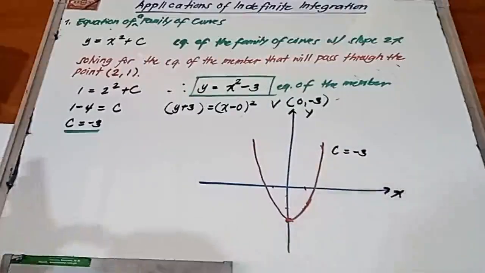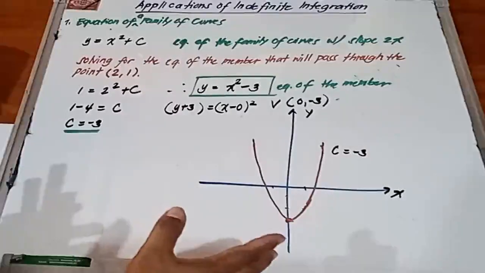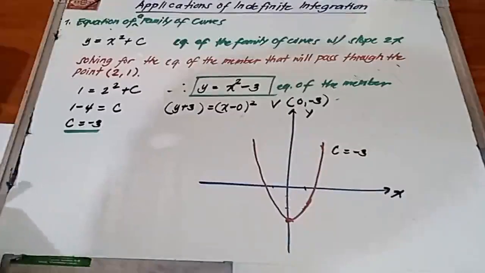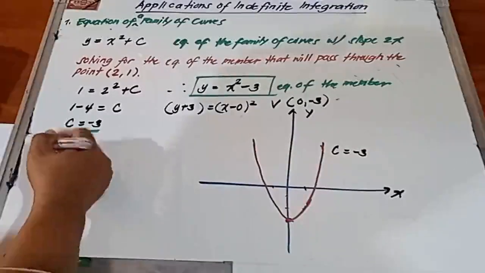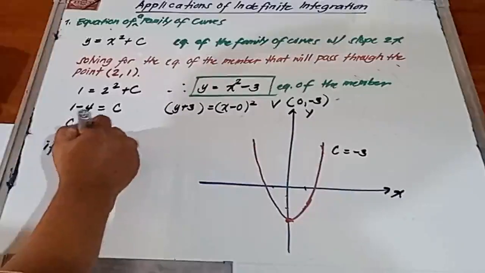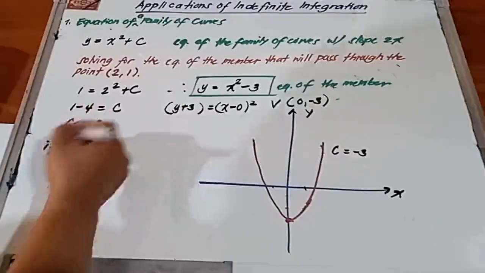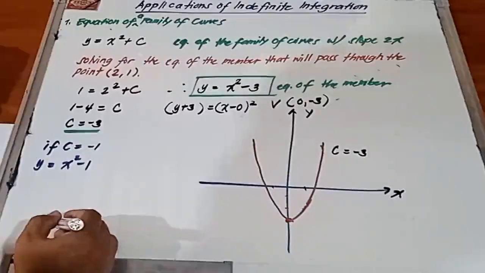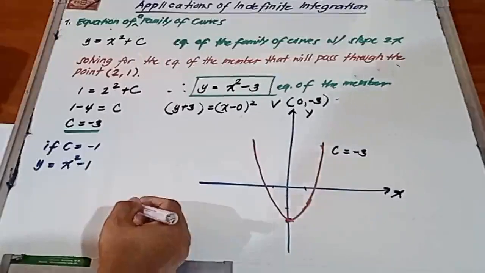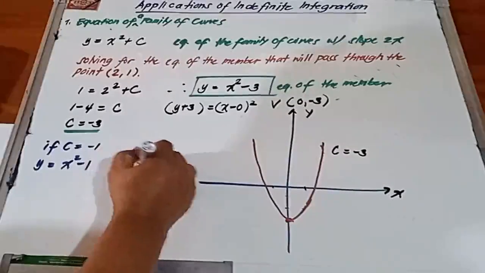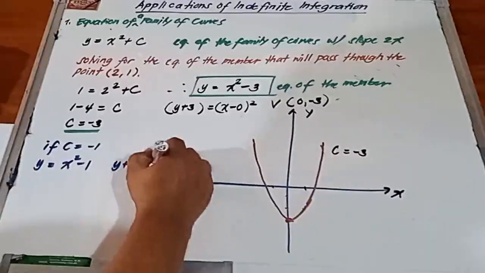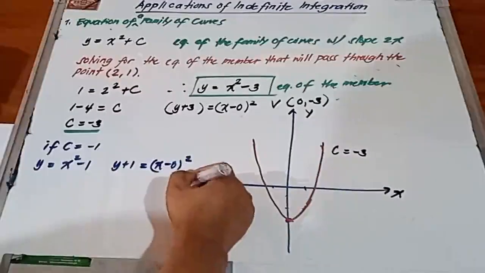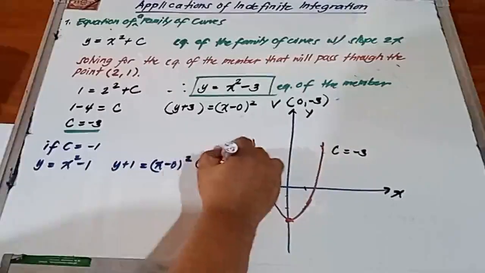Now, what if c equals, let's say, negative 1? If c equal to negative 1, the equation will be y equal to x squared minus 1. Okay? And in standard equation of a parabola, that is y plus 1 equal to x minus 0 squared. Okay? And ang vertex nito ay (0, -1).